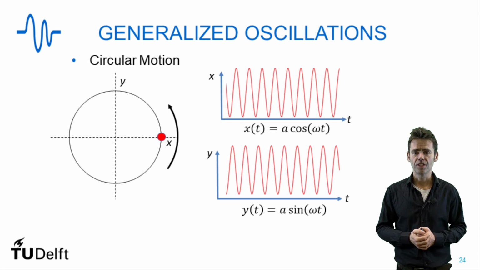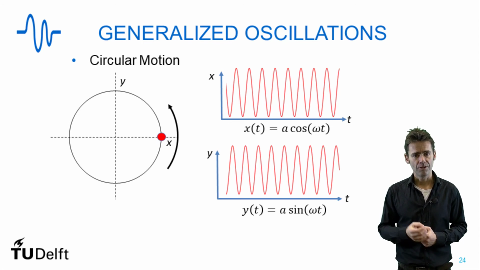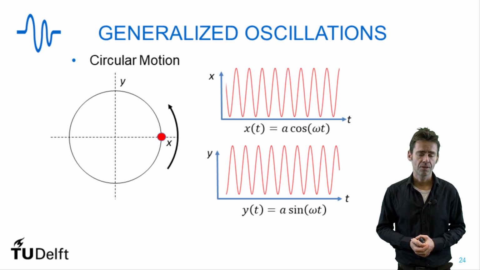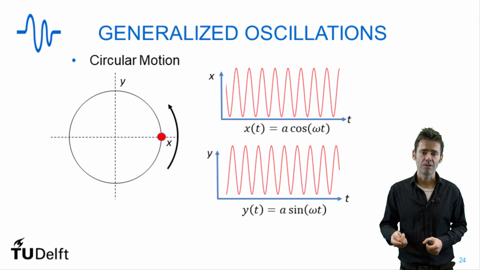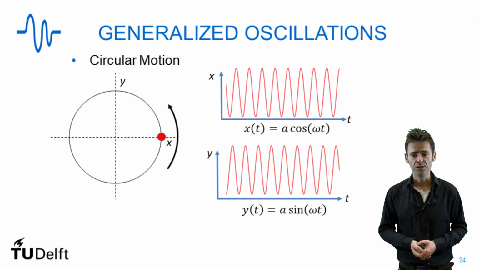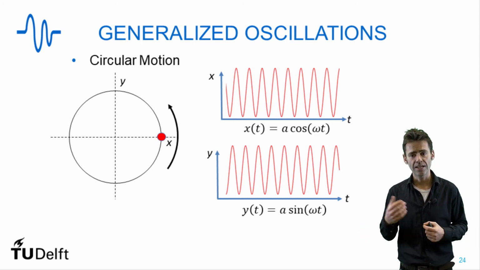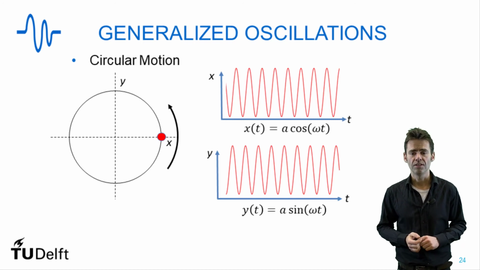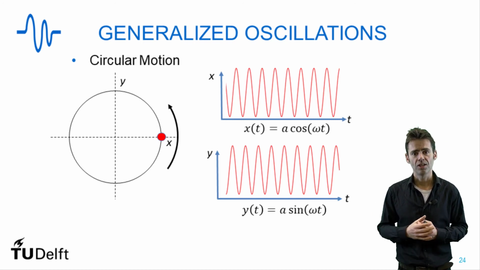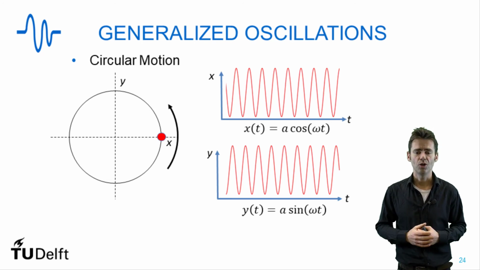And you know from your trigonometry that if you have a motion on a circle with radius a, the x-coordinate is given by a times the cosine of the angle, and the y-coordinate is given by a times the sine of the angle. So if the angle varies in time, such as in the case of this wheel, you can describe the x-coordinate and the y-coordinate by these harmonic oscillating functions, sine and cosine omega t.